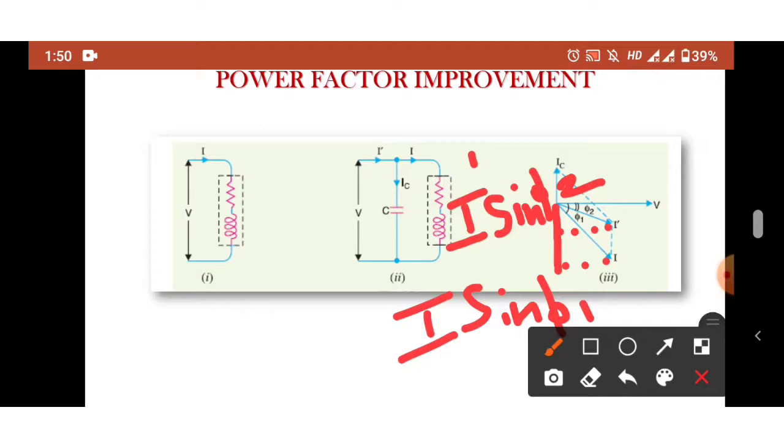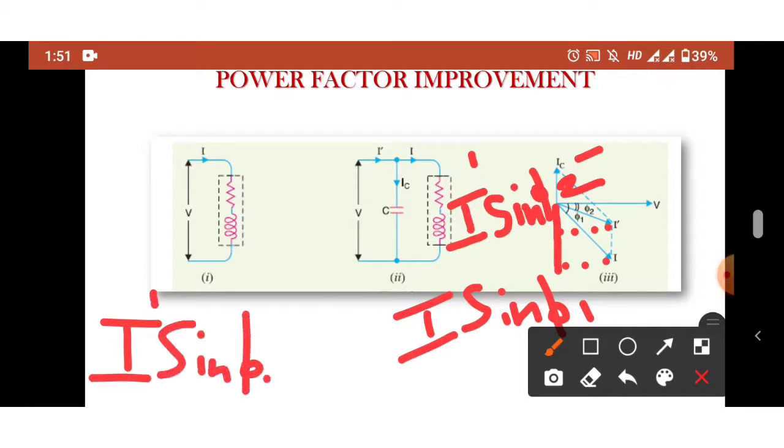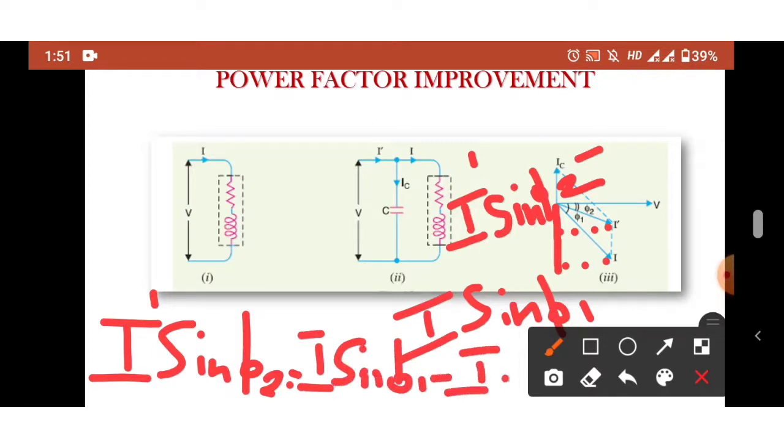It is reduced by IC and we obtain I dash sine phi 2. So, from the phasor diagram, we can write I dash sine phi 2 is equal to I sine phi 1 minus IC.